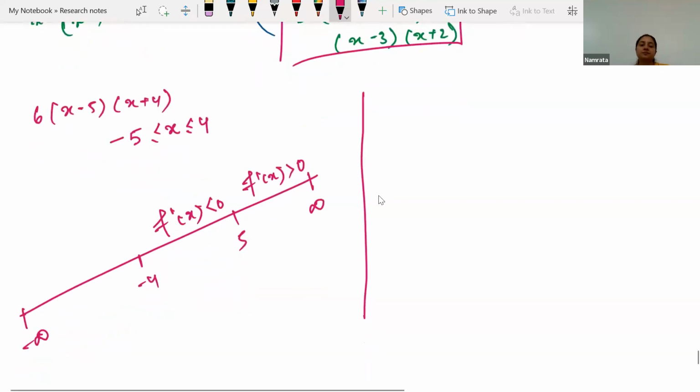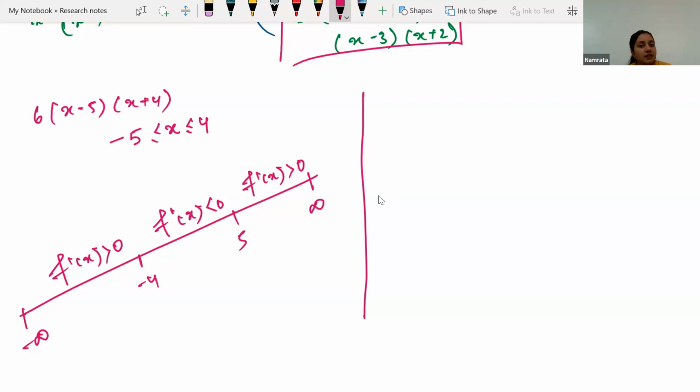Are you getting it? Now between minus infinity and minus 4, if we take minus 5: minus 5 is negative, minus 5 plus 4 is negative, negative times negative is positive. So we got f dash x greater than 0.